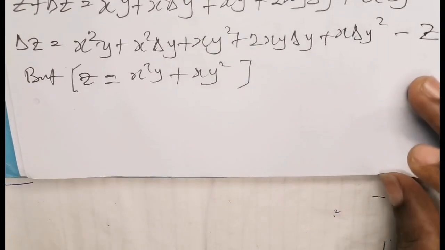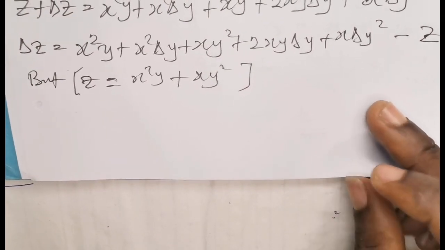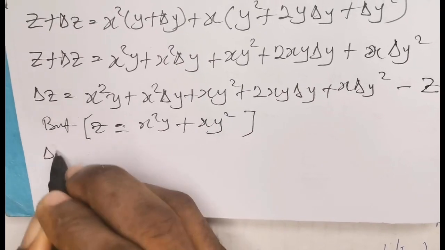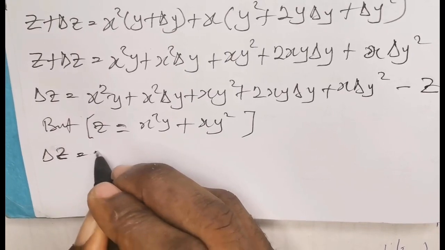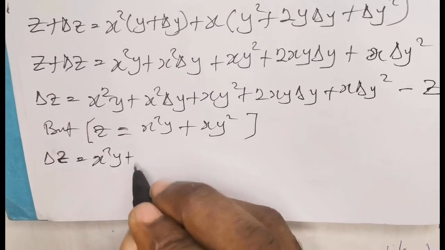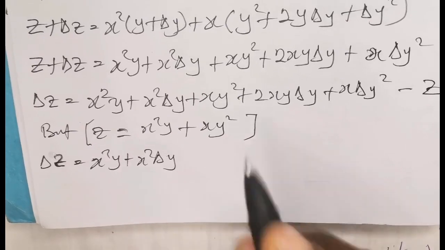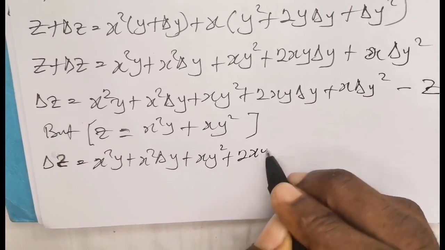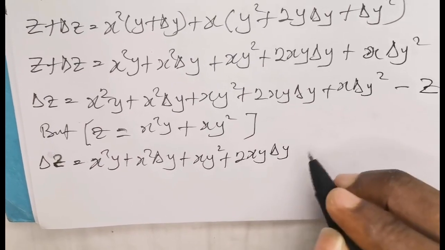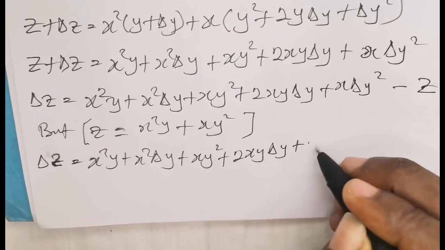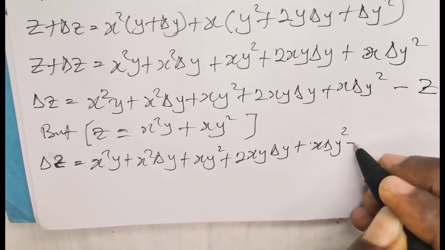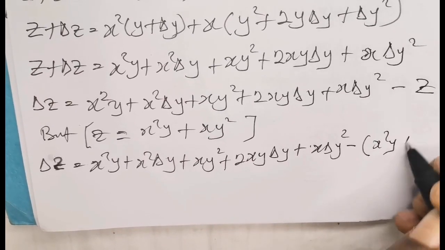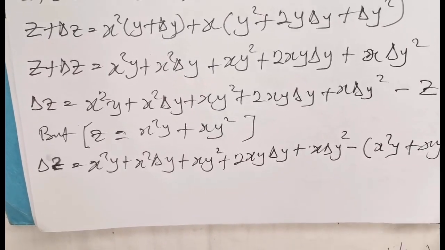All right, so if we do that, we are going to be having change in z to be equal to, we have here x squared y plus x squared change in y plus xy squared plus 2xy change in y plus x change in y squared minus, in place of z, the value of z remains x squared y plus xy squared. So you have this.